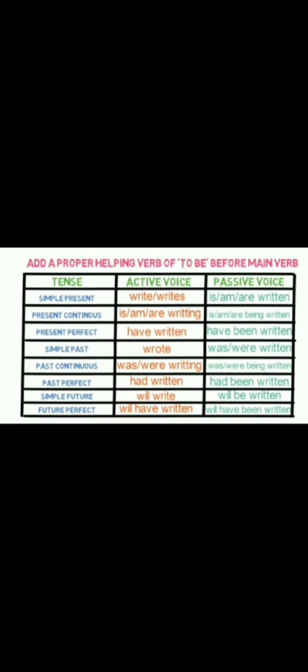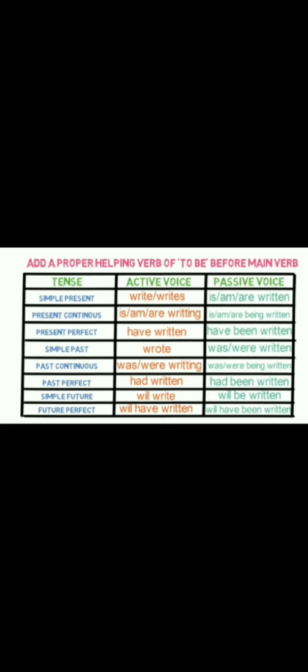Simple present tense, write and writes, will change with the helping verb is, am or are, plus the third form of the verb. Present continuous tense, as you know, helping verb is, am, are with the first form of the verb with ing, that is writing, will change in passive voice with is, am, are plus being plus the third form of the verb, that is written. Now, present perfect, have written, will change into have been written.